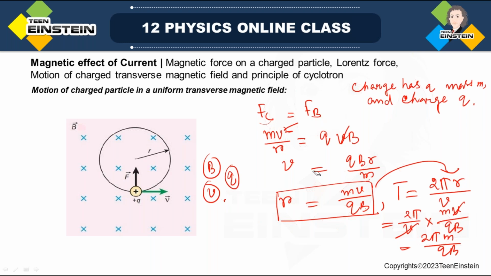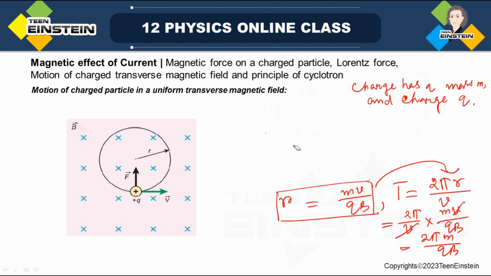Here I'll write down the parameters I'm getting. The radius of the circular trajectory is obtained as mv by qB, and the time period is obtained from the formula 2 pi m by qB.